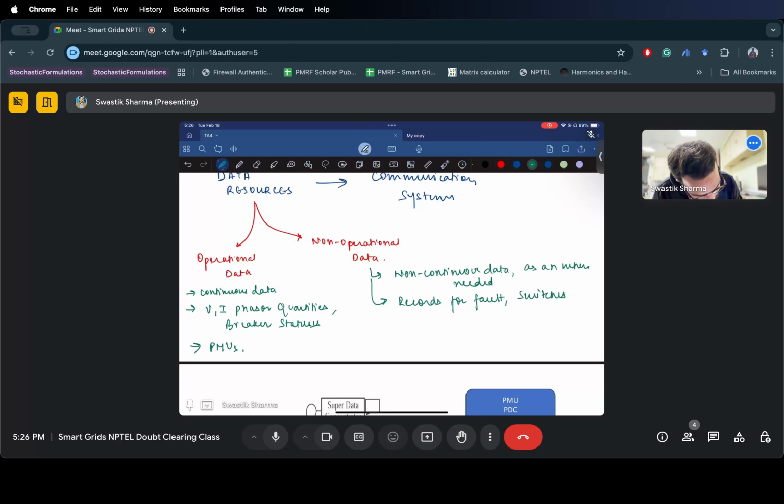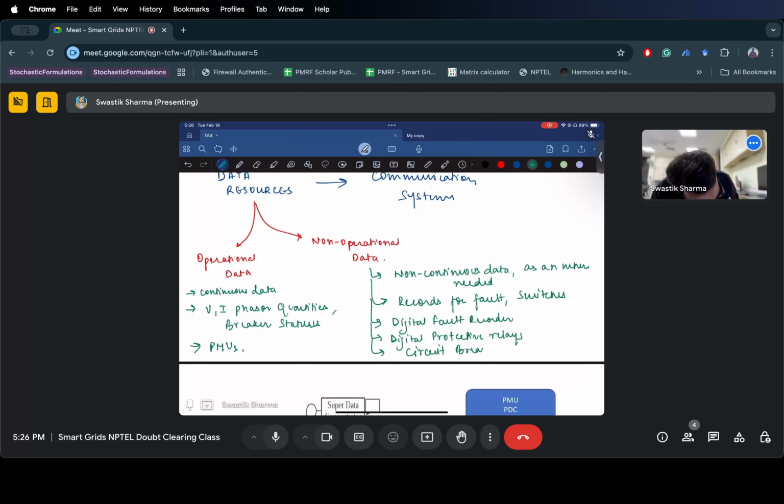This is generally true for the digital fault recorder. Your digital protective relaying also stores this data, and so do your circuit breakers.